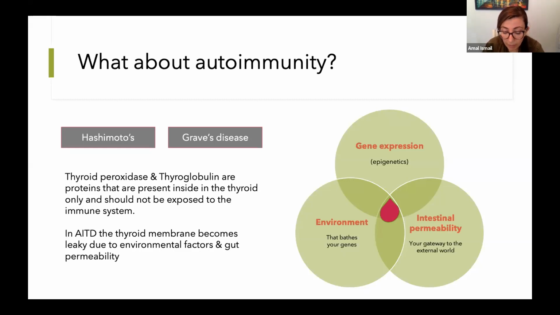And based on his published research and accepted understanding of autoimmune mechanisms, there are three things that need to occur within the body for autoimmunity to occur, and that really applies to any autoimmune condition in the body. So one is genetic expression, so having the genetic susceptibility for a particular disease, and then the environment in which you bathe those genes.